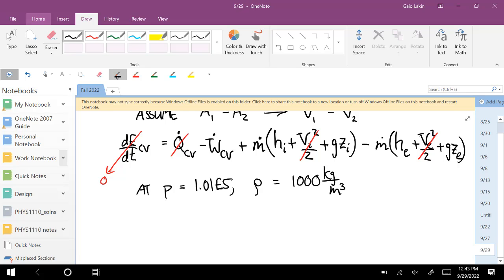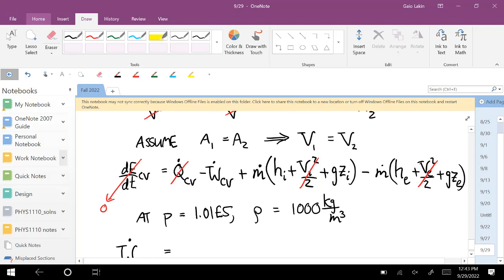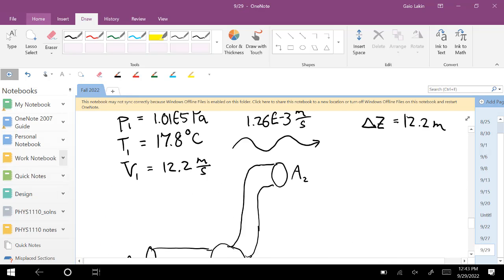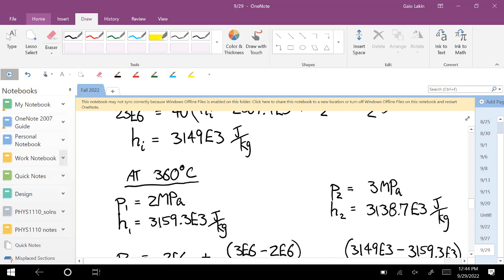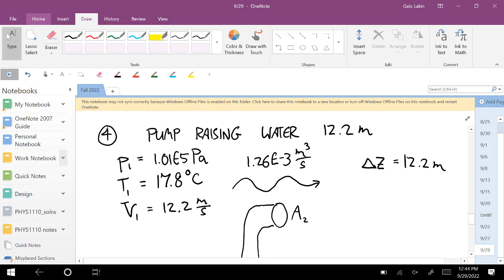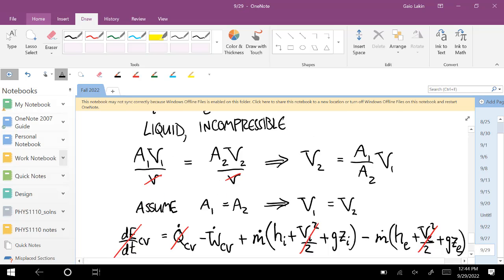And so we know that W dot CV is equal to, so M dot is going to be, where is this? It's going to be this volumetric flow rate, 1.26 times 10 to the minus third, times 1,000. So it's just going to be 1.26 kilograms per second. That's the mass flow rate.